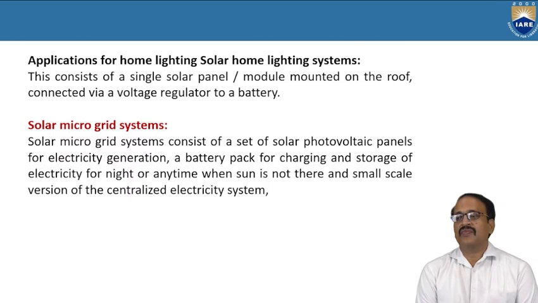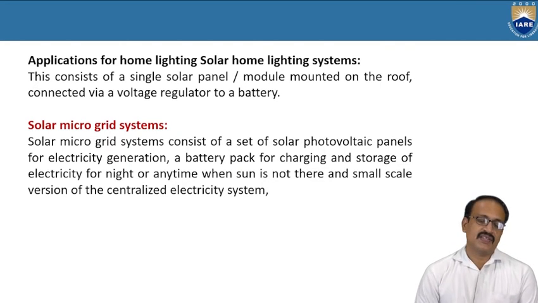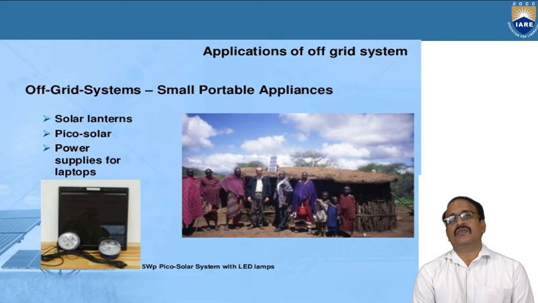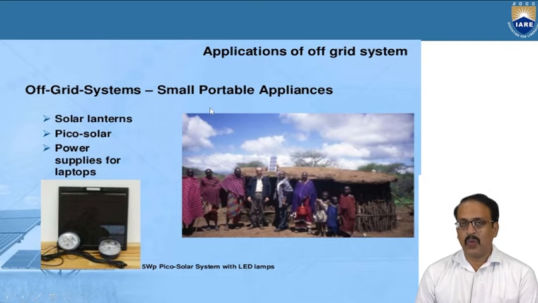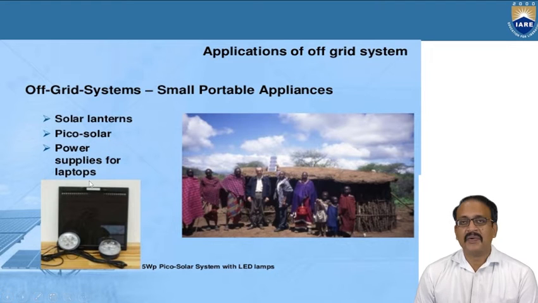And also, if you go for a much larger amount of production, we can call it a microgrid. See here, off-grid, small portable appliances, very small: solar lanterns, Pico solar power supplies for laptops.